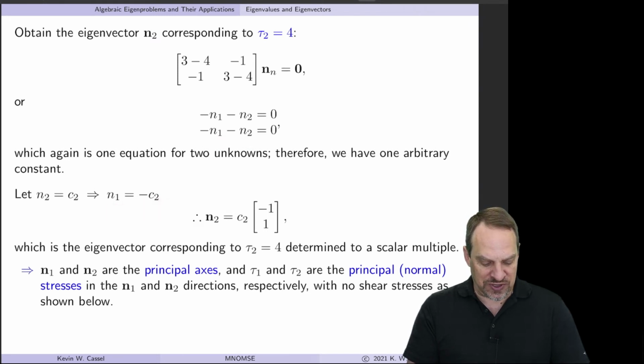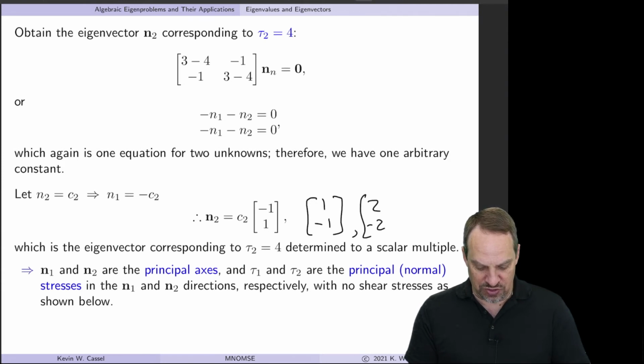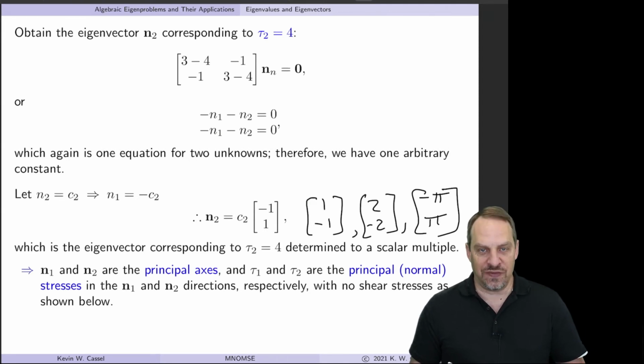So our second eigenvector, corresponding to lambda 2 equals 4, is c2 times the vector minus 1, 1. Once again, I could write it as 1, minus 1, or 2, minus 2, or minus pi, pi. All of those are equally valid eigenvectors corresponding to 4.